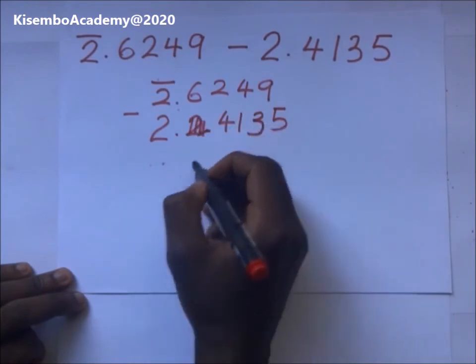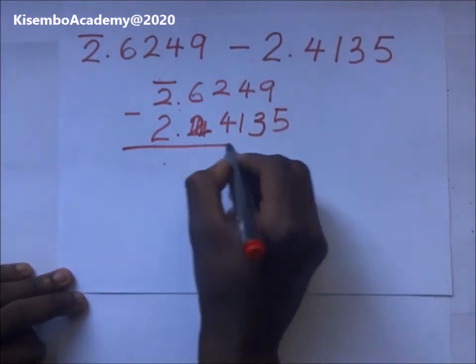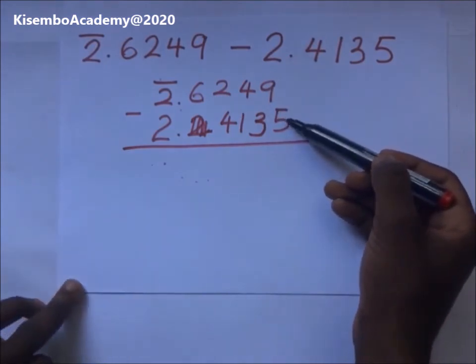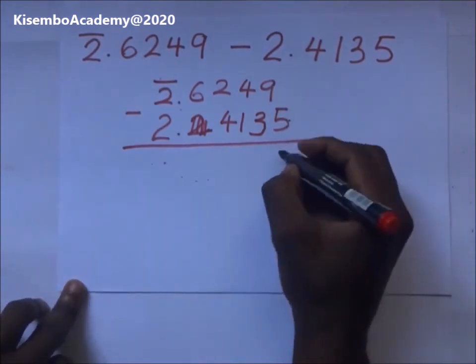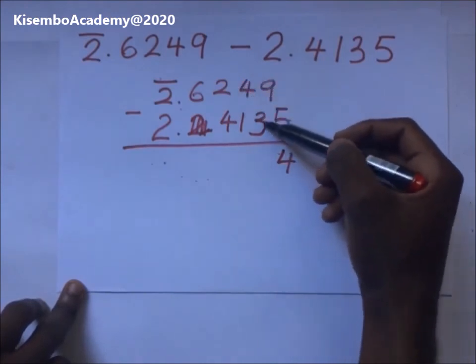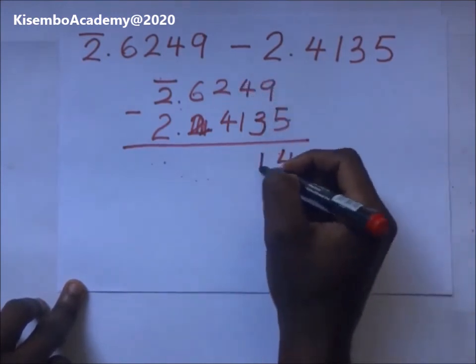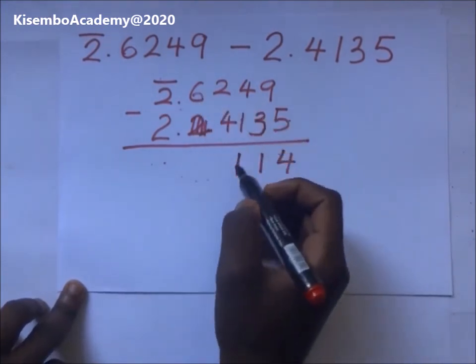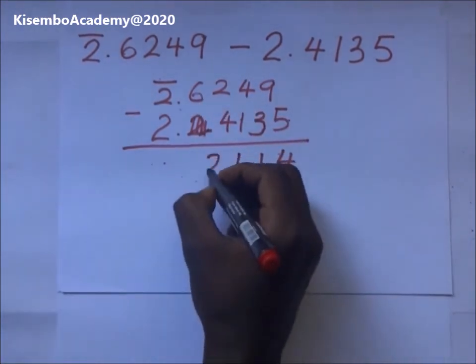This 2 is right, not there. So when you have to subtract those, it's going to become 9 minus 5 is going to give us 4. 4 minus 3 is going to give us 1. 2 minus 1 is going to give us 1. Then 6 minus 4 is going to give us 2.